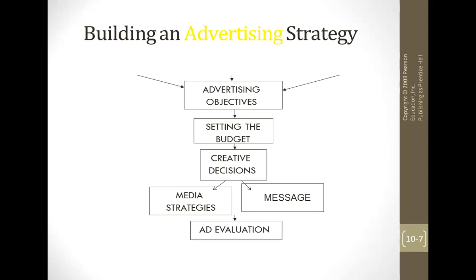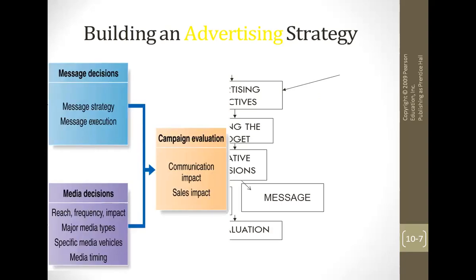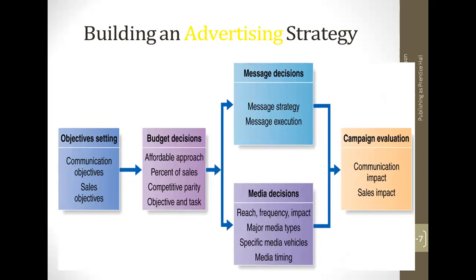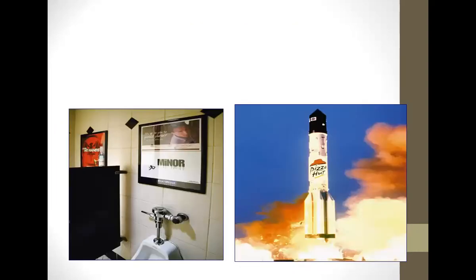We set the budget, we identify the source of media that we want to use, what message we want to put across, and then we encode it with those creative decisions. And then at the end of the day, we need to evaluate the advert that we put out. Right, so there is a more detailed description of what we just went through. You can look at that a little bit later.